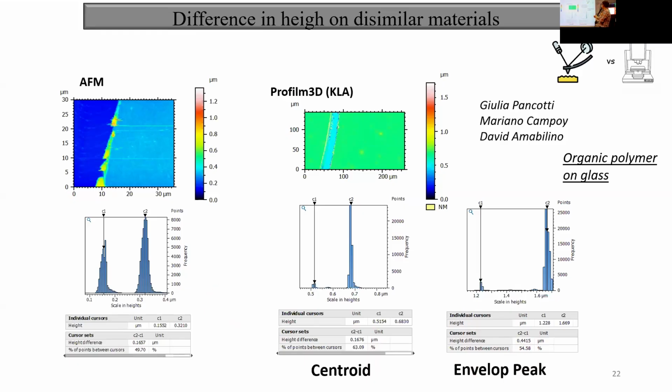So this is an example of how careful we have to be when measuring step heights of two different materials, and also about the conditions and the method that we use for the profilometry, okay? So this centroid for this case was working nicely, this envelope peak wasn't.